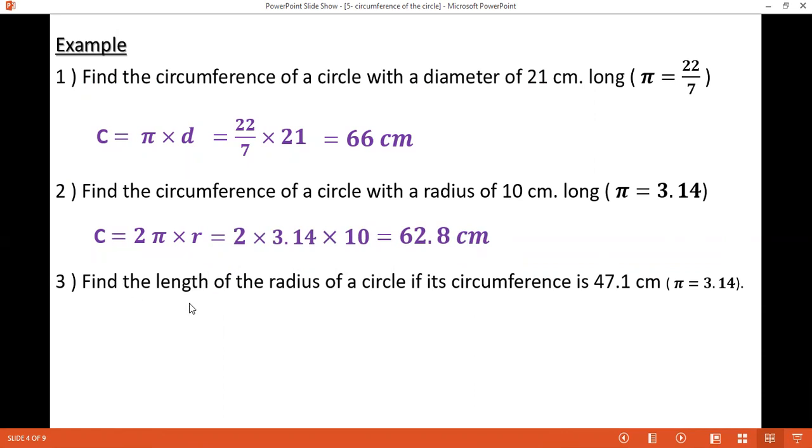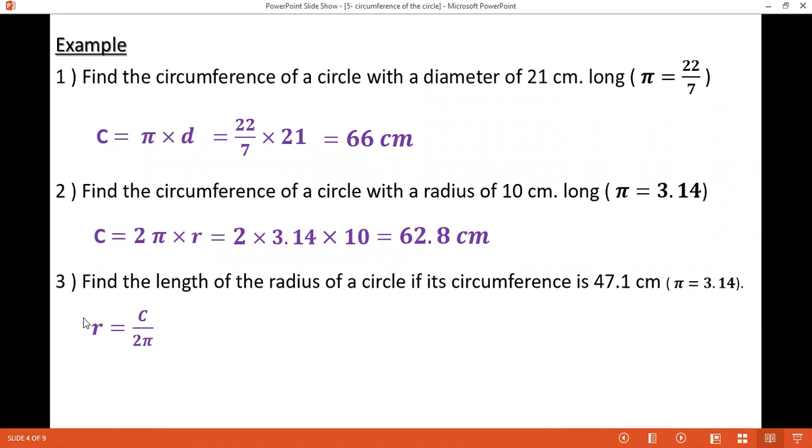Okay, find the length of the radius. They want me to find the length of the radius. And I have the circumference, which is c, and I have pi. So I'm going to use the rule of the circumference which has the radius. C equals 2 pi r, and I want now the radius.